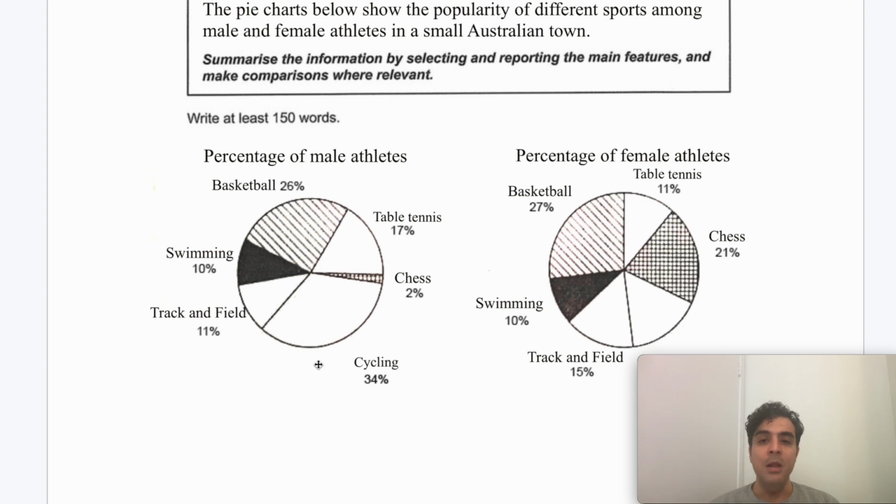I can compare the percentage of male basketball players to female basketball players, or I can compare the percentage of male athletes who are engaged in basketball compared to the percentage of male athletes who are into cycling. So once again, the purpose is to compare these different categories. Therefore, I'm once again dealing with discrete data that is quantitative, right?